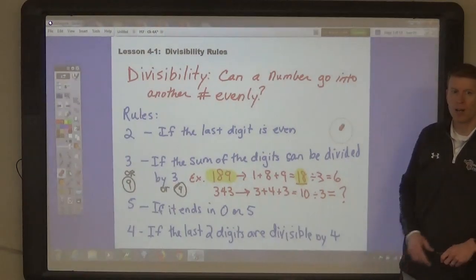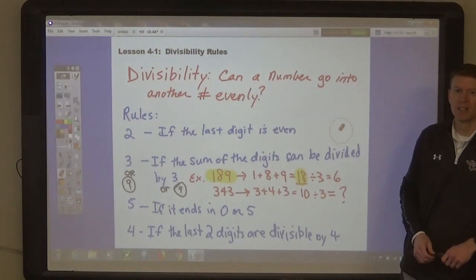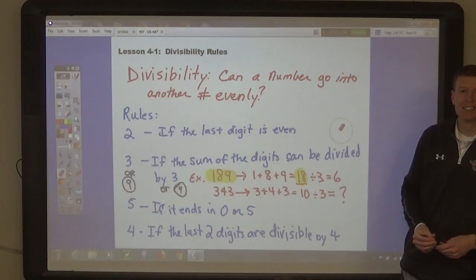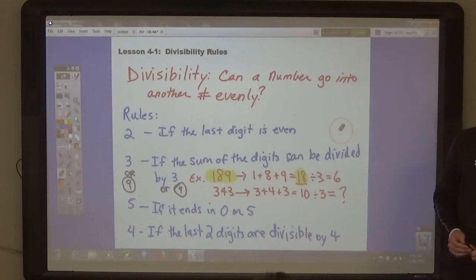No. What about 342? Add the digits, 3 plus 4 plus 2. That's 9, so that's divisible by 3. Would it be divisible by 9? Yes, because 9 divided by 9 is 1. The sum of the digits is divisible by 9, so the number is divisible by 9.